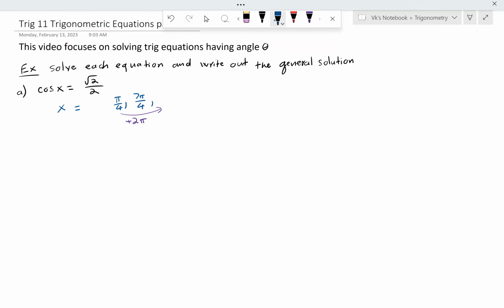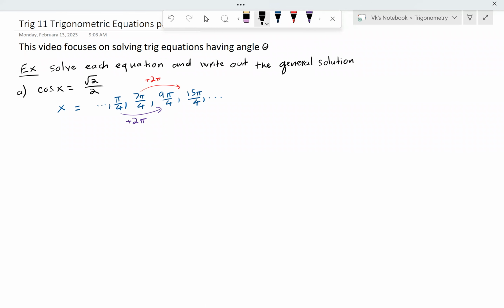That gives us 7 pi over 4 plus 2 pi, which is 15 pi over 4, and so on and so forth. We also have angles on the left side, where we have to subtract 2 pi instead of adding 2 pi.